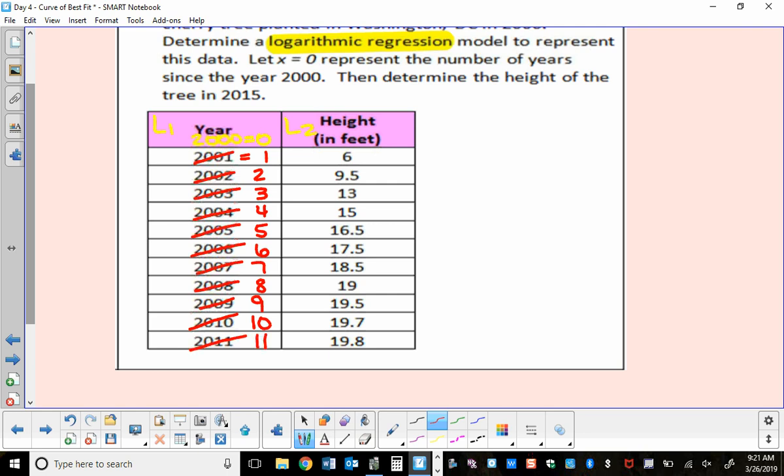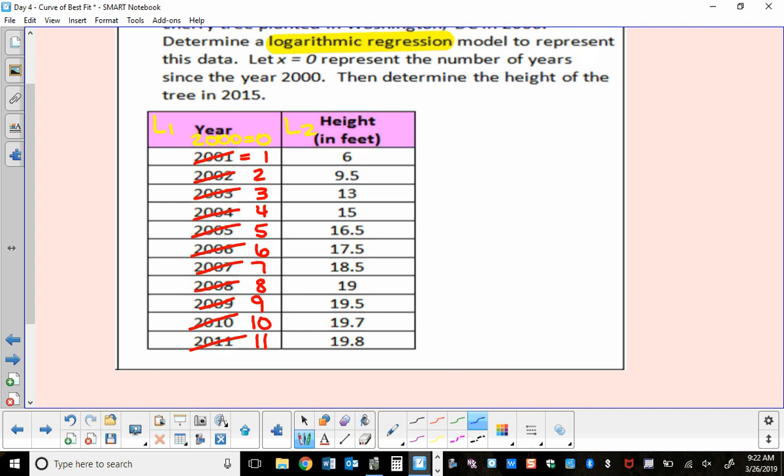And we can never put years into our calculator. It does not work that way. Okay, you don't have to actually type into your calculator, but we're pretending that we are. So let's say for my L1, we typed in 0, and then actually we don't even need 0. We need 1, 2, 3, 4, all the way to 11.